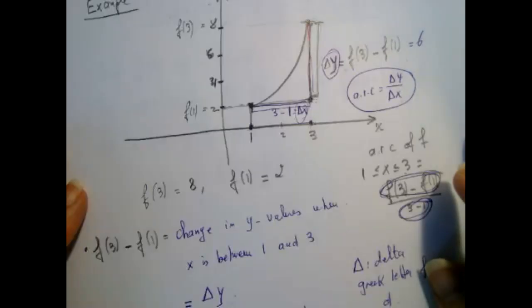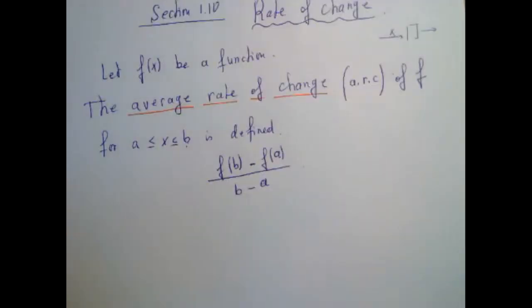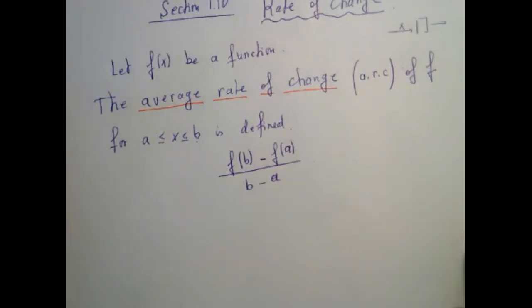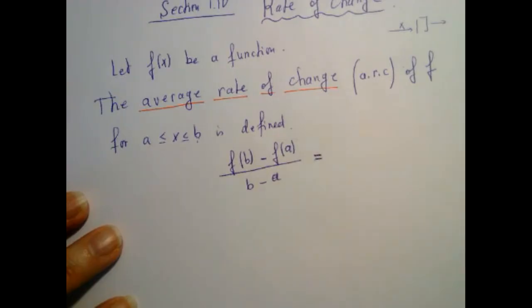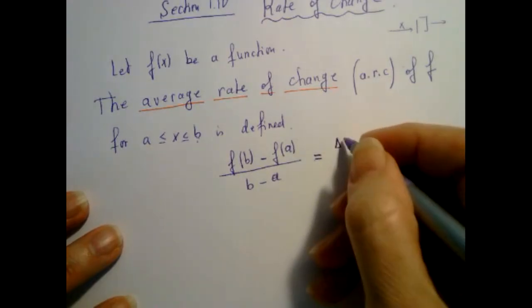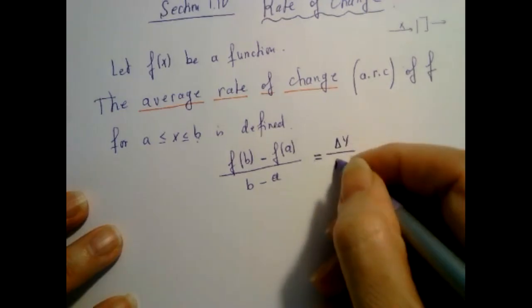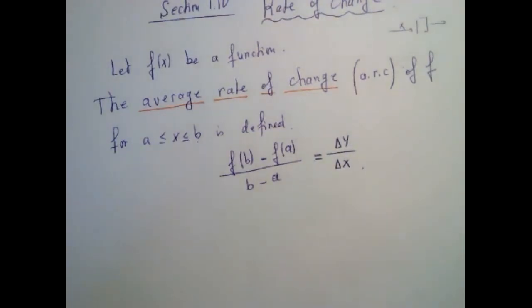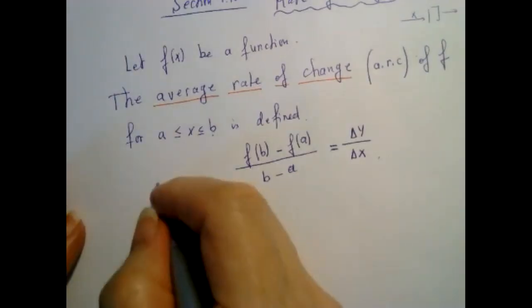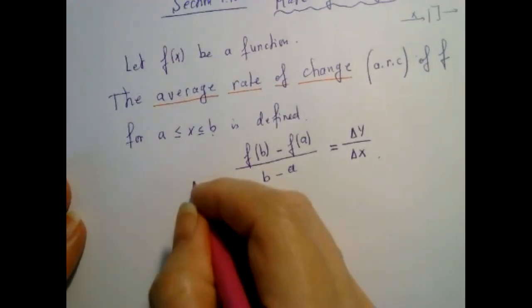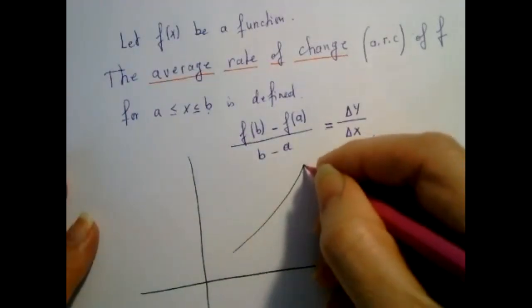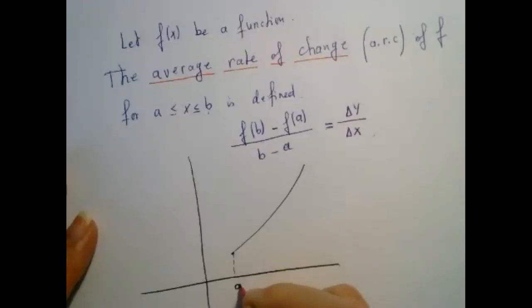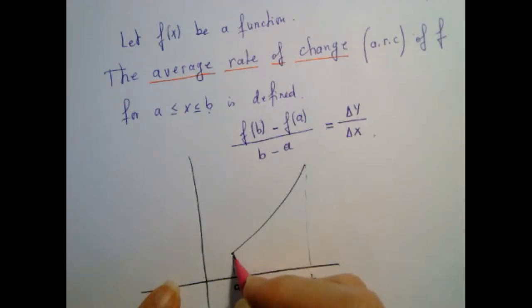Okay. Questions? Very good. All right, so if I go back to the original definition, since I explained what the delta is, I can write this is the change in the y value over the change in the x value. And in the picture here, suppose I call this A and this B. It means this is like the 1 and 3 that I had before.